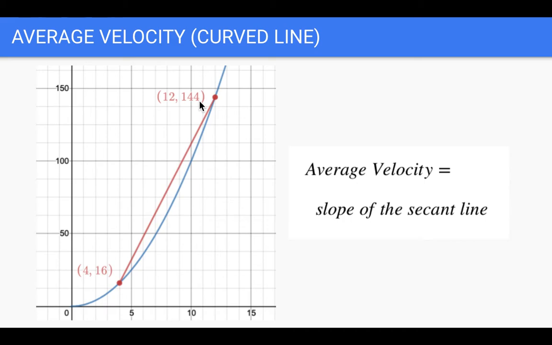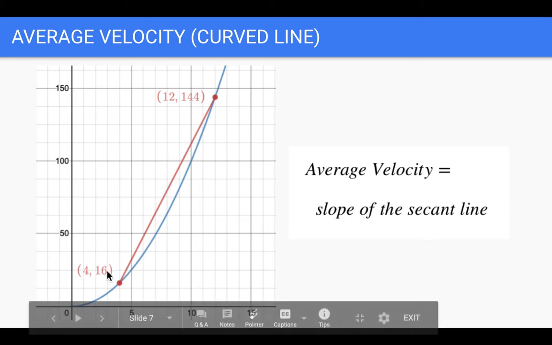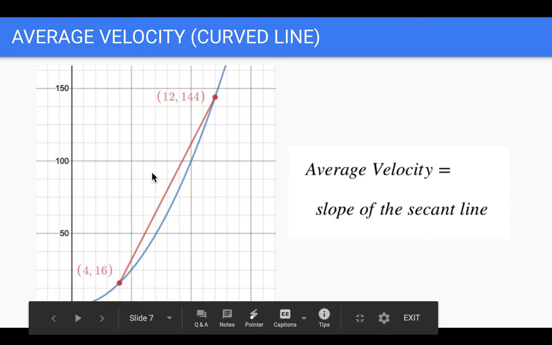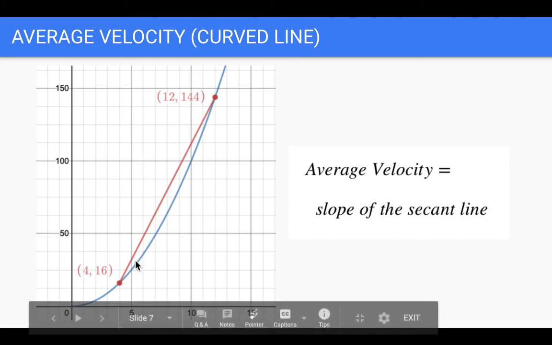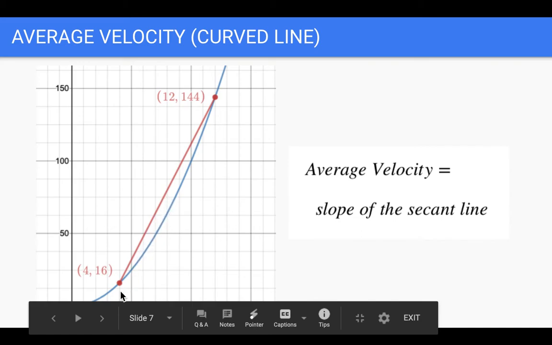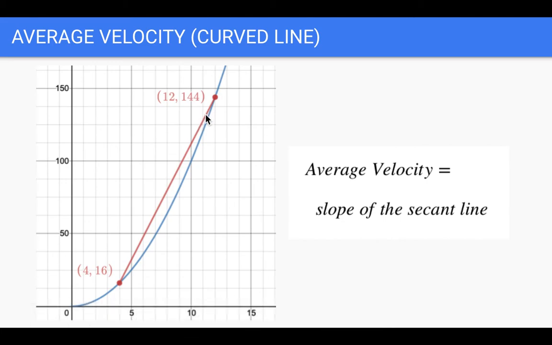So the change in distance is 144 minus 16, that's actually 128, over the change in time, which is 12 minus 4, or 8. 128 feet divided by 8 seconds is 16 feet per second. So the average velocity from time 4 seconds to time 12 seconds is 16 feet per second, the slope of this line.